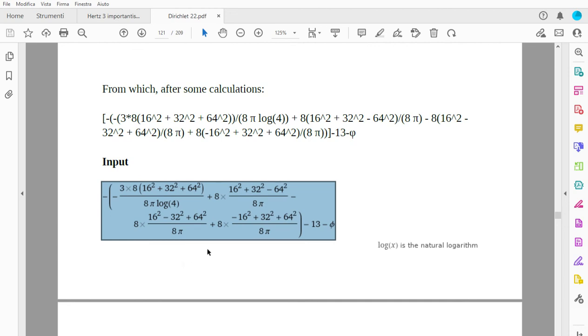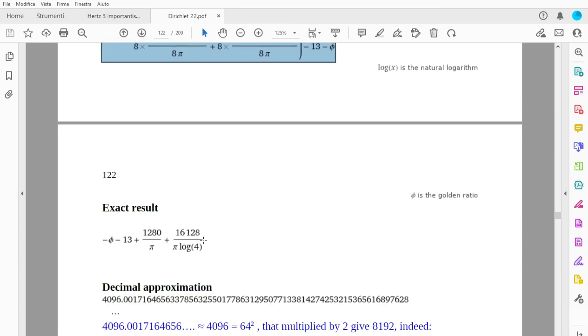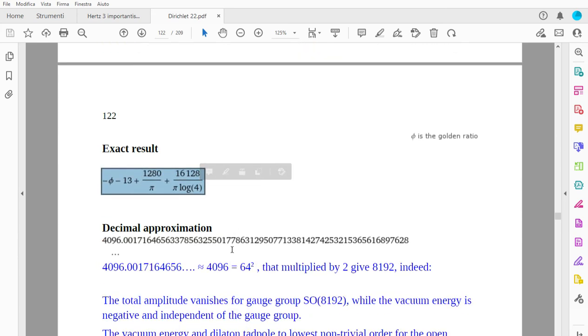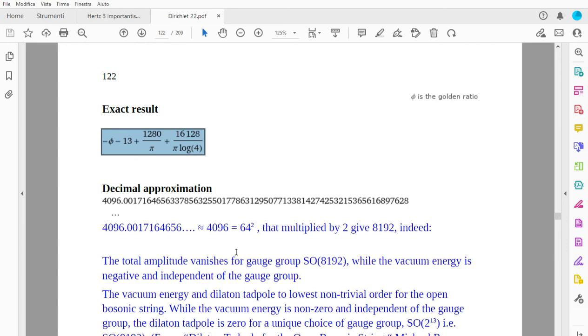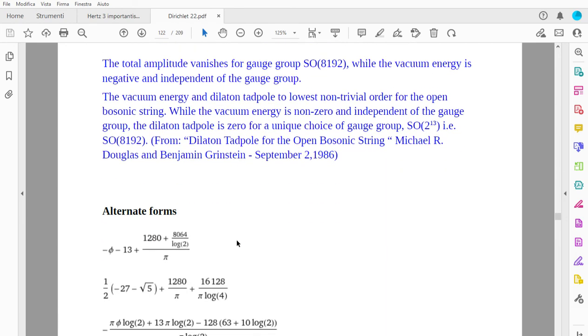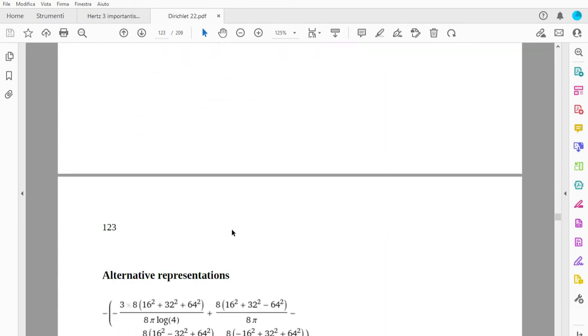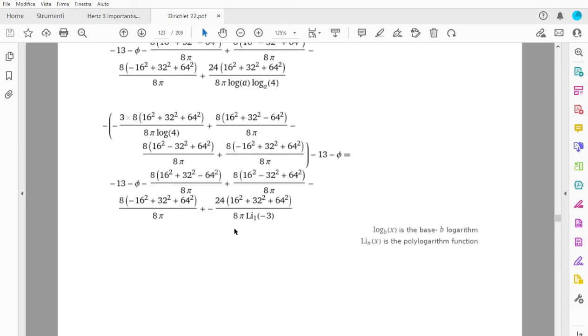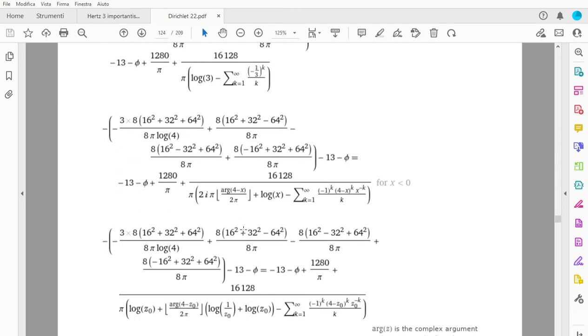This is the exact result, a value that is very near to the 4096 as above. Also here alternative forms, alternative representation, and so on.